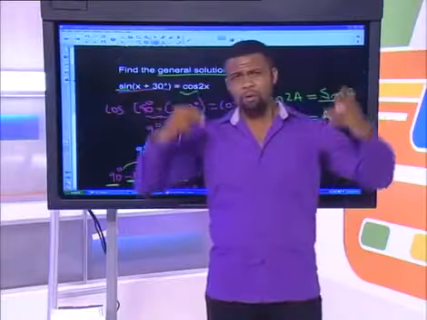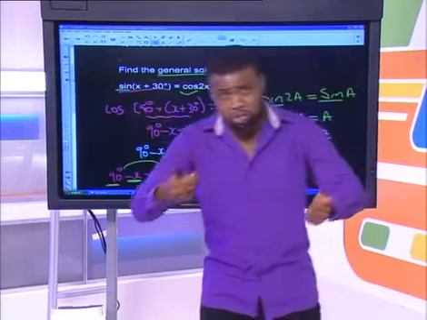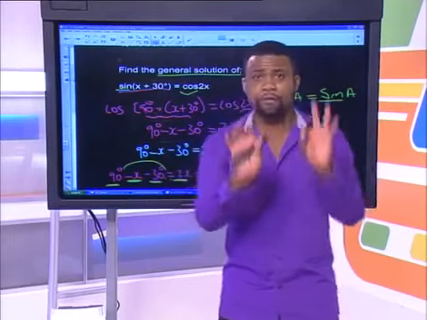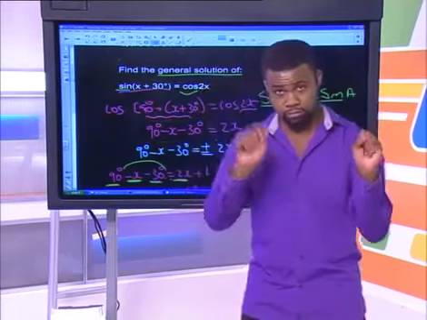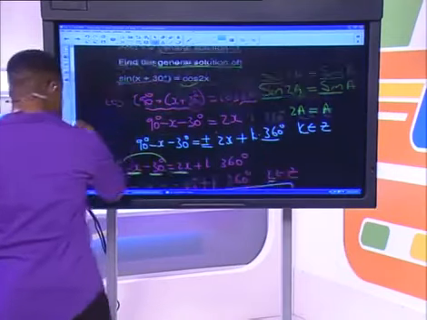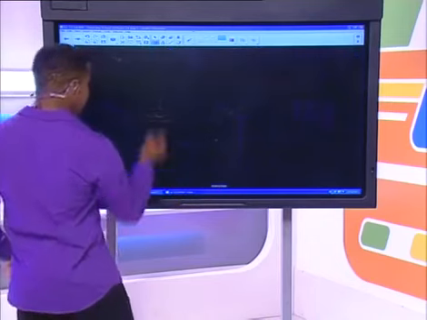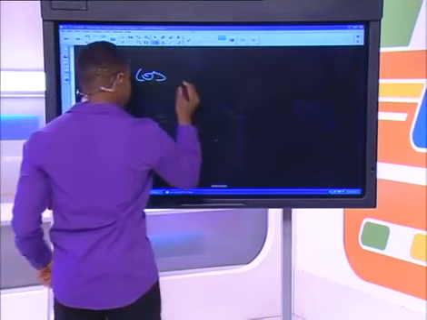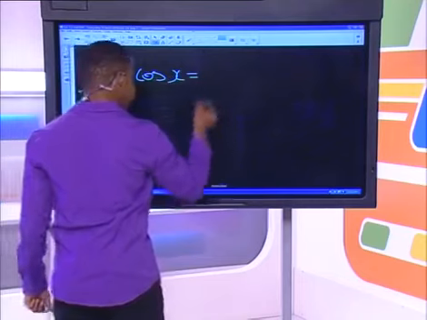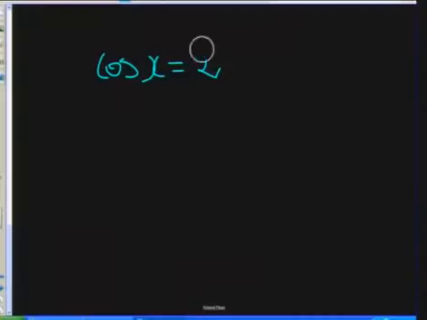Why do I use, for the general solution, for cos, let me just give an example. If I have cos x equals 0.7, find the general solution for it.